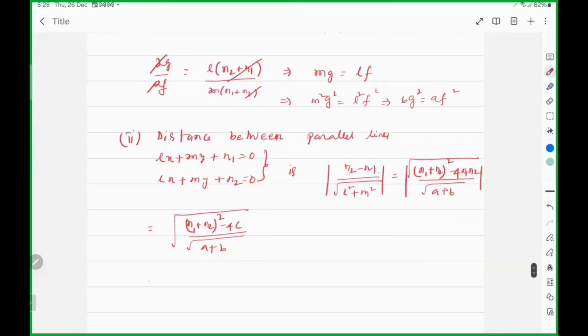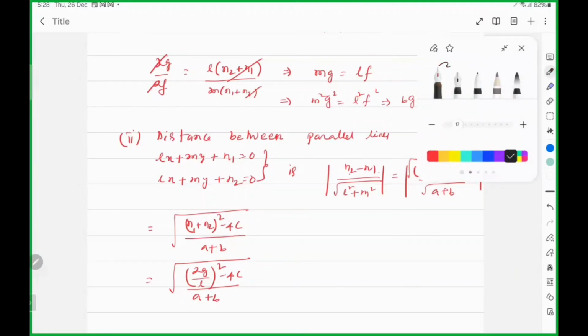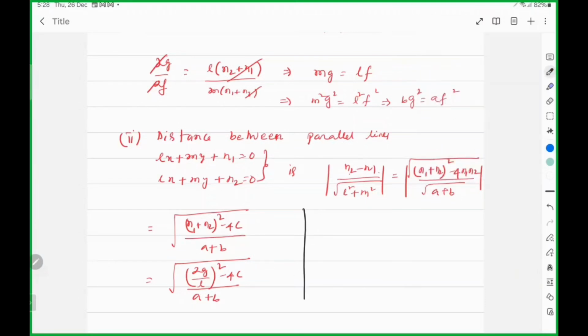If you consider it, you can write in the form of, or you can write, 2f by m whole square minus 4c by a plus b.